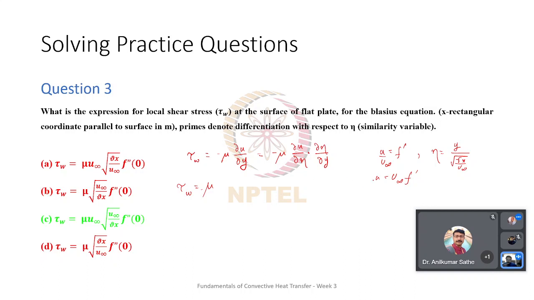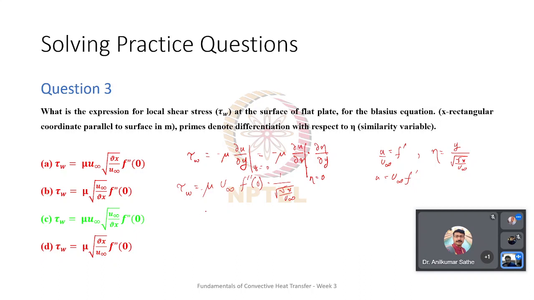So if we take a derivative with respect to eta, dou u dou eta can be written as u infinity into f double prime, and mind you, this is at y equal to 0, and at y equal to 0, eta also becomes equal to 0. So this would be f double prime at 0, and dou eta dou y can be written as 1 by under root nu x by u infinity.